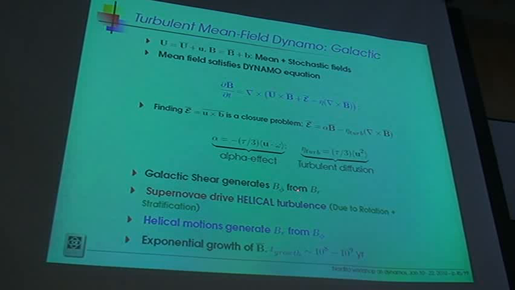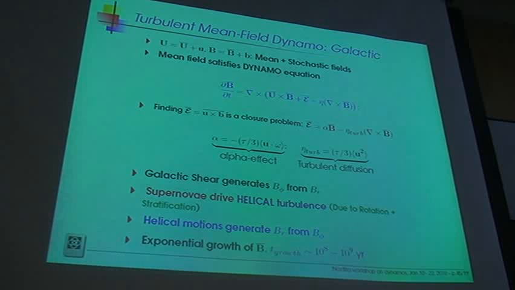So it generates the toroidal fields from the poloidal fields, because the centers of disk galaxies rotate faster than the outer regions because of the flat rotation curve, which Anwar explained. And so you ought to very easily get this component. And you need something to close the loop, as in any of these dynamos, and you need to generate B R from B phi. And that's what the alpha effect does.